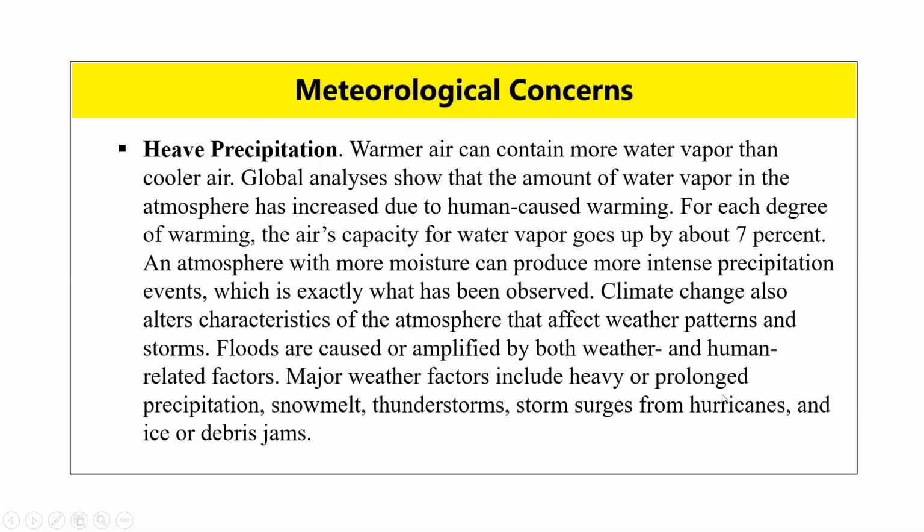So that's the reason why, if there are super typhoons developed because of warmer air, it creates a lot of rain, or it leads to heavy precipitation.